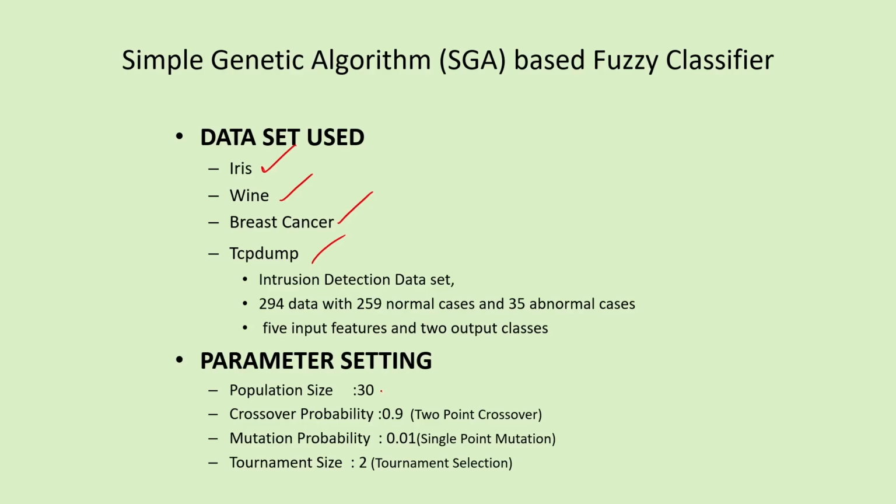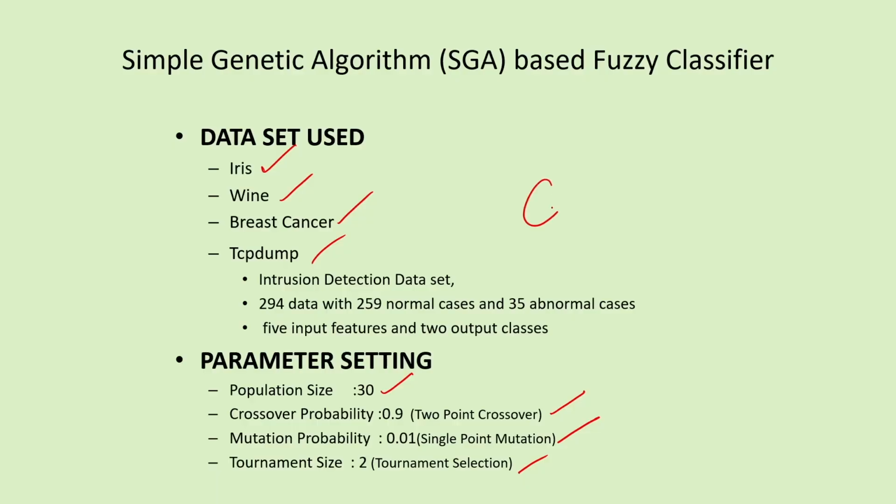The parameter settings are population size of 30, crossover probability, mutation probability, and tournament size. You need to remember this while you are setting up the genetic algorithm. Of course, this will be seen in detail in the MATLAB practical session.